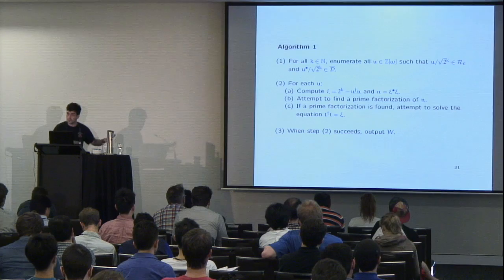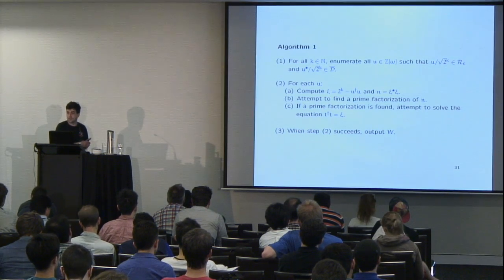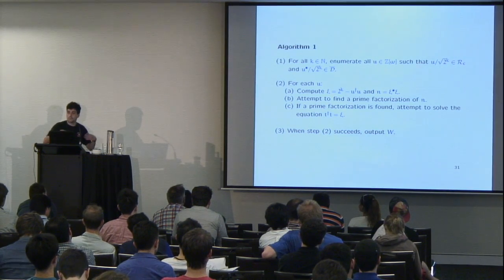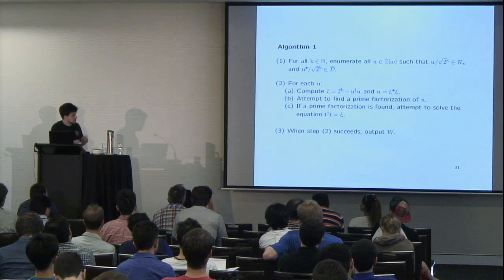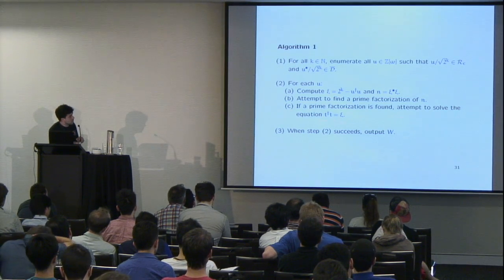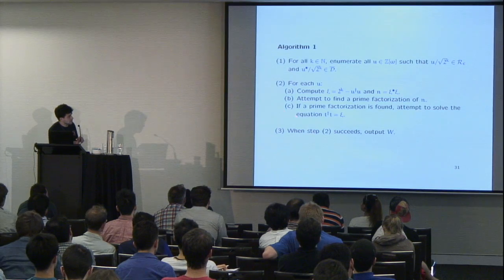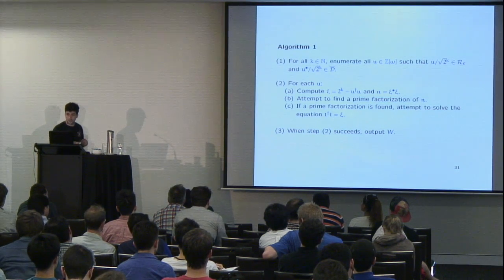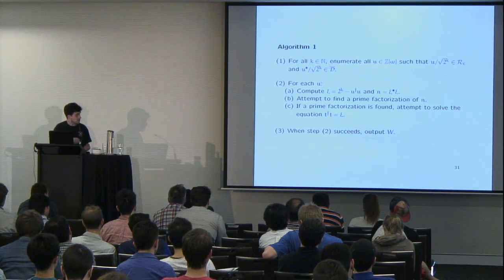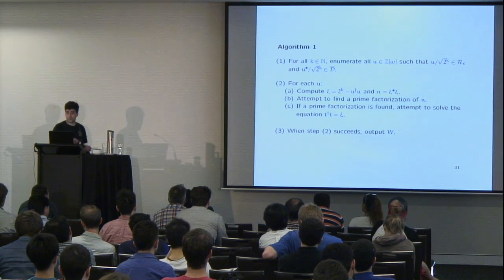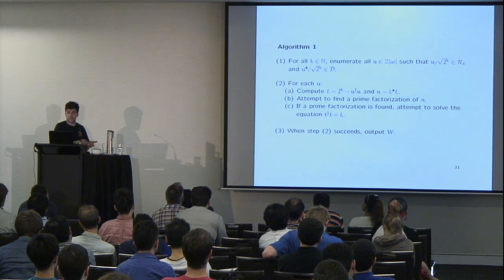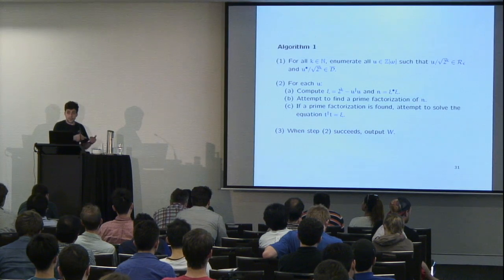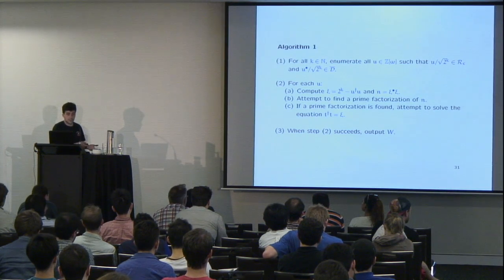If you have a quantum computer, that'll always succeed in no time. If you don't, just try for a little bit, but not too much. And whenever a prime factorization is found, check whether you can solve this equation. If you can, then you return the W. You've succeeded in finding an approximation. If you can't, you just move on to the next candidate.